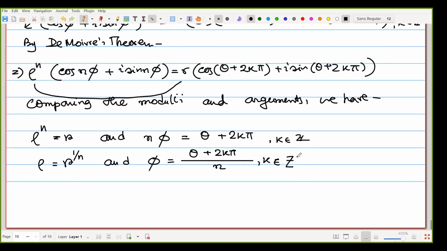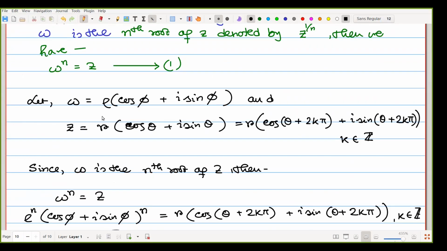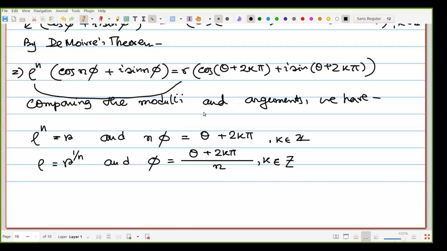So what are the values of omega? Just look at the value of omega taken here: omega is equal to rho of cos phi plus i sin phi. Here we have not a single value, practically an infinite number of k, so an infinite number of values.